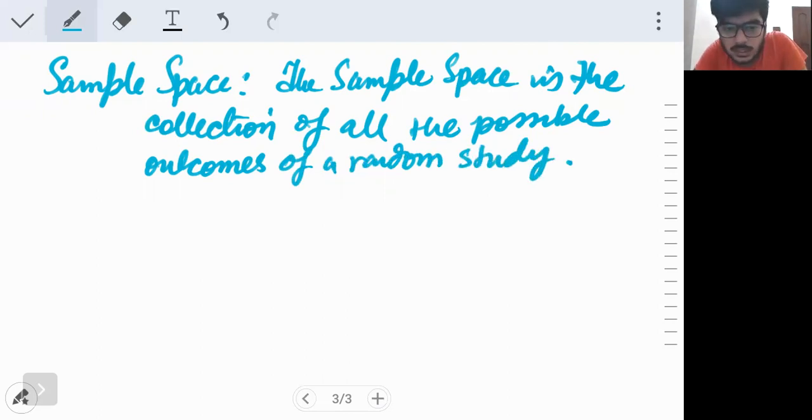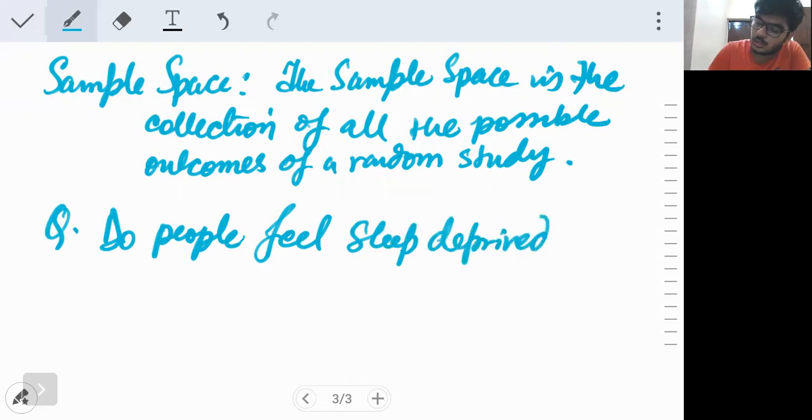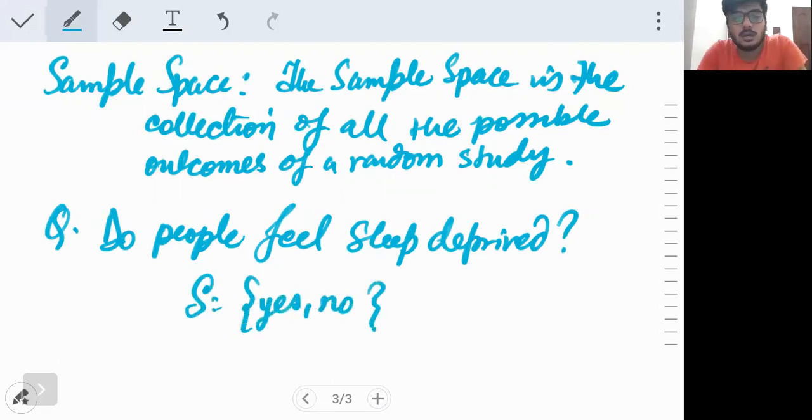So in order to answer our first question, do people feel sleep deprived, the sample space could be yes or no, right? This could be the example.